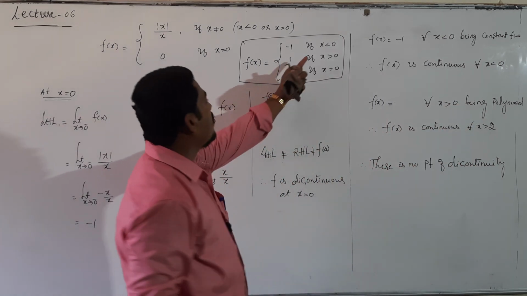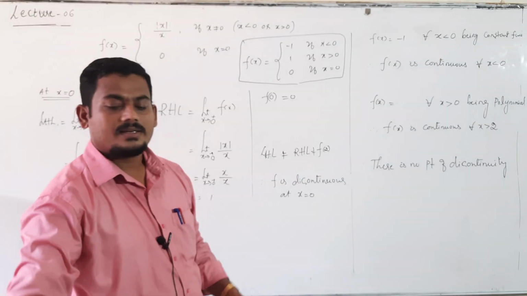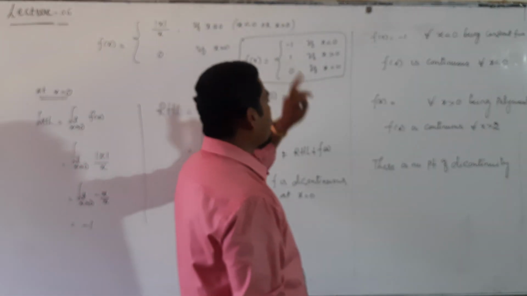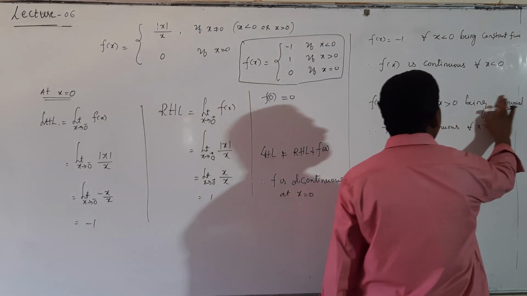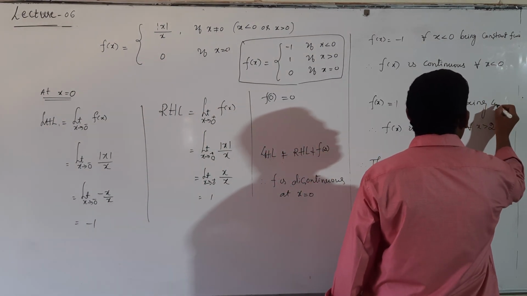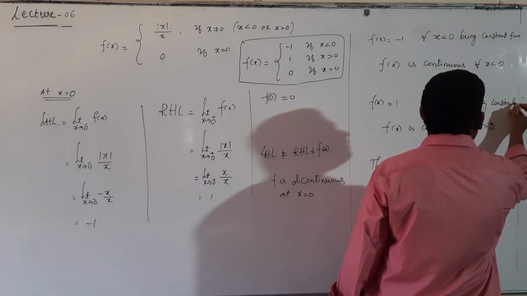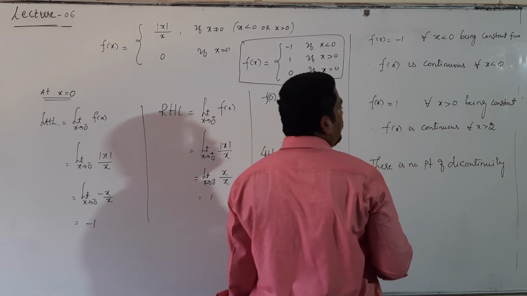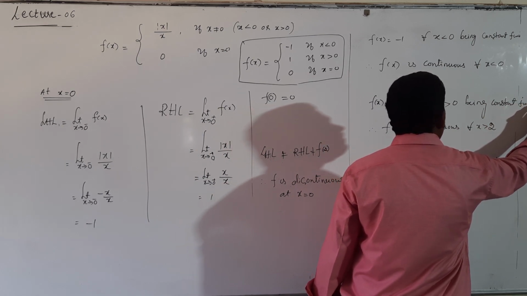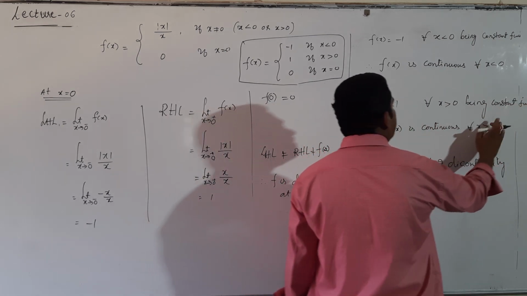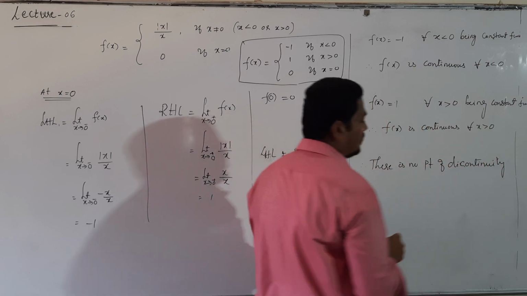When x value is more than 0, our f of x is 1. That is a constant function. F of x being a constant function, therefore f of x is continuous for all x greater than 0.